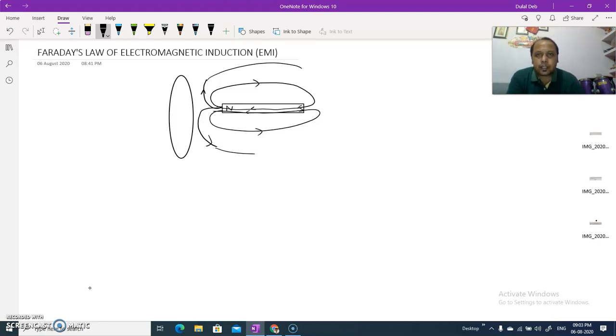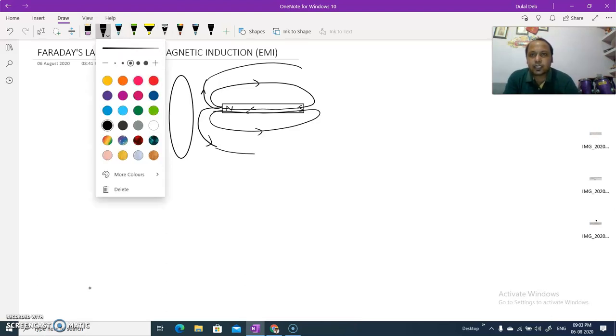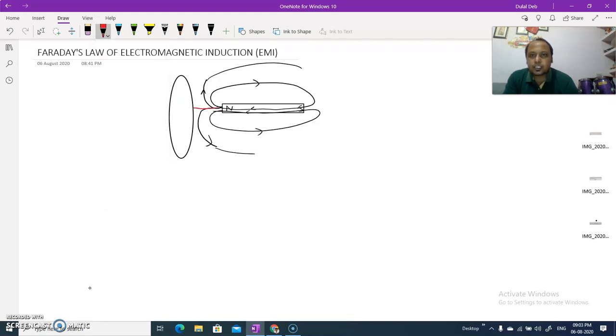Now suppose this magnet is moved in this direction. This is the direction in which it is moved.